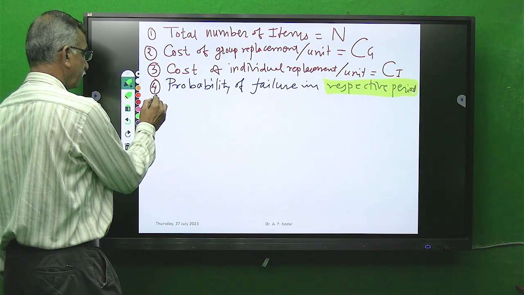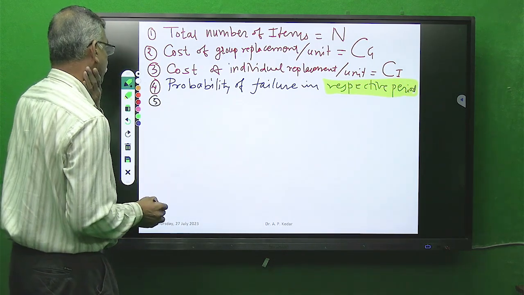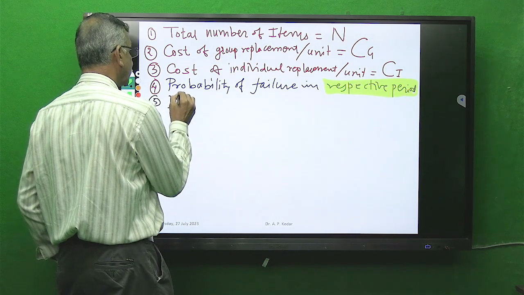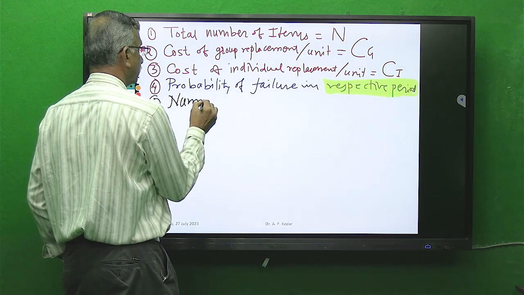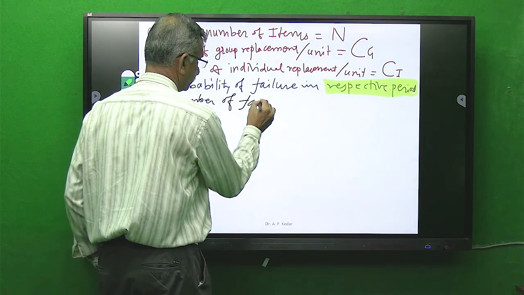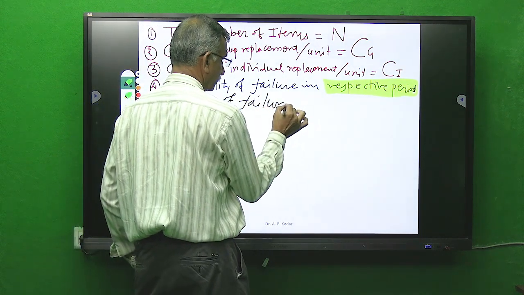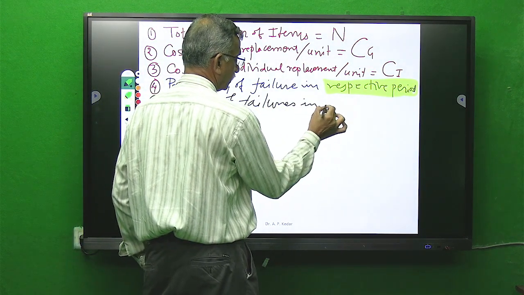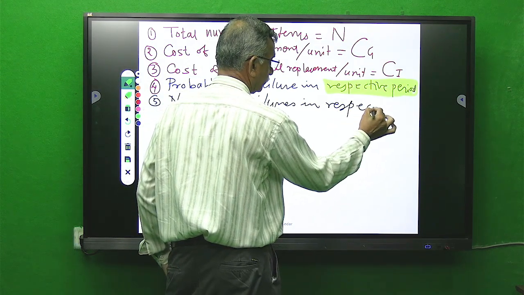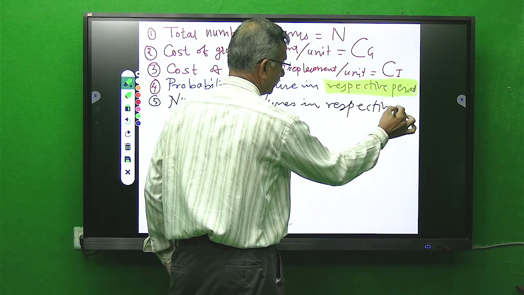Then we need what we have just calculated: the number of failures in the respective periods.